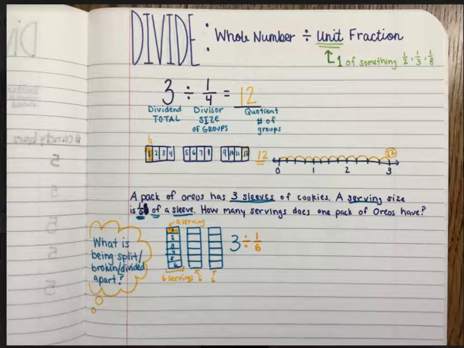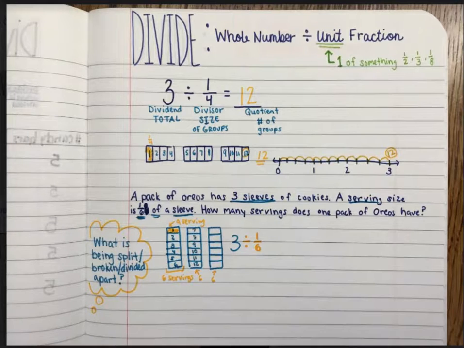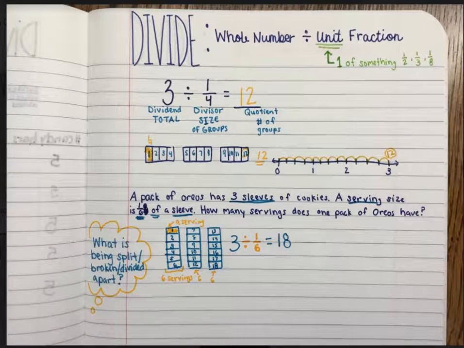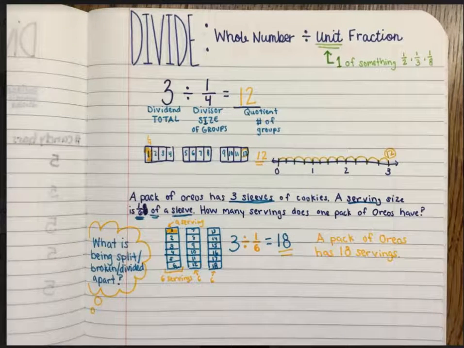So there's another 6 in my second sleeve and another 6 in my third sleeve, which would make a total of 18 servings. So 3 divided by 1/6 is 18, which means that a pack of Oreos has 18 servings.